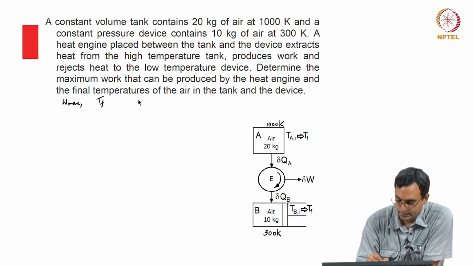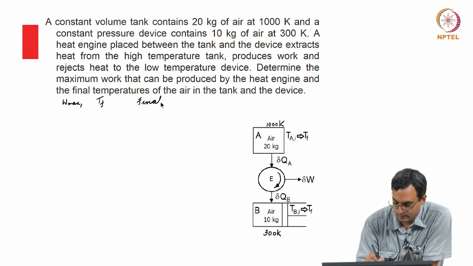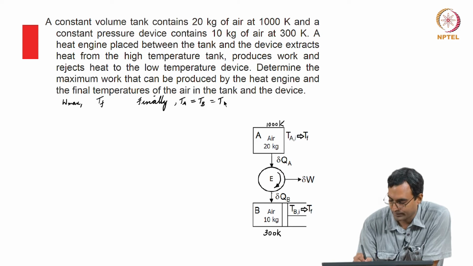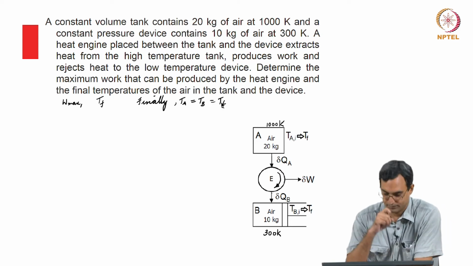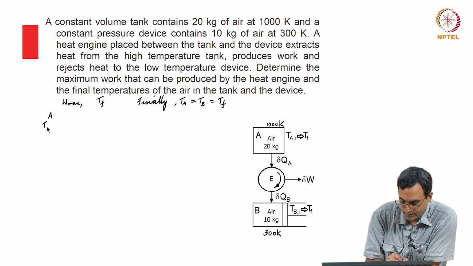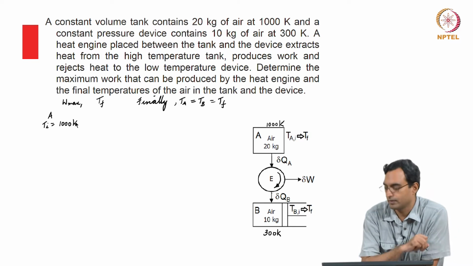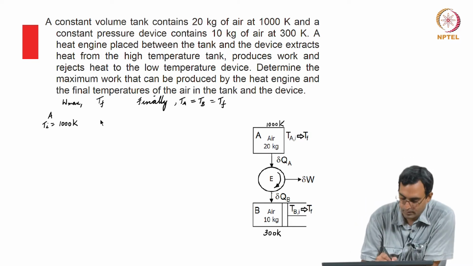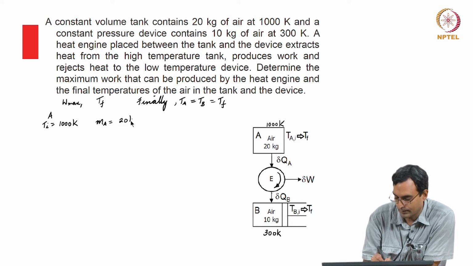So, finally, I can write that the temperature of A will be the temperature of B, equal to some final temperature Tf. So, for A, we have initial temperature given as 1000 Kelvin. Mass of A is given as 20 kg.